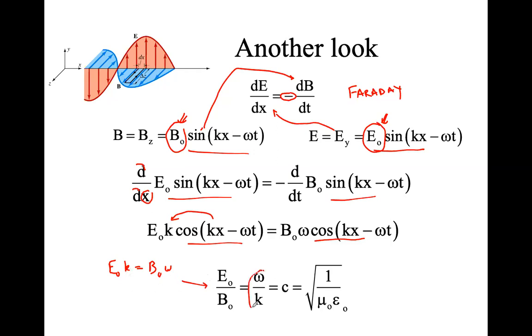And son of a gun, I get omega over k, which is the speed of light, which was these constants. So when an electric field is moving as electromagnetic radiation, the magnitude of the magnetic field is intimately linked to the magnitude of the electric field. You just can't have any value of electric field and any value of magnetic field. Once you know one, you know the other as well.